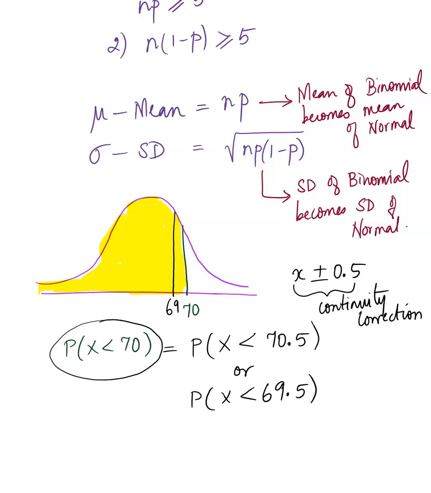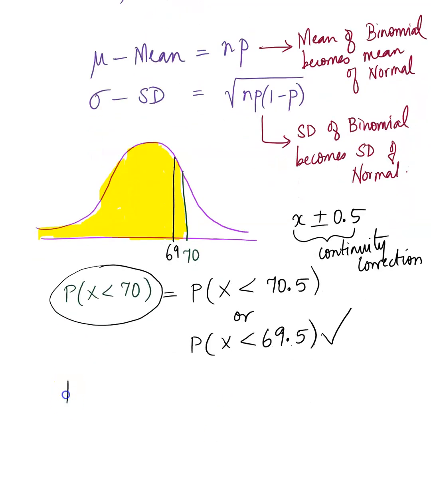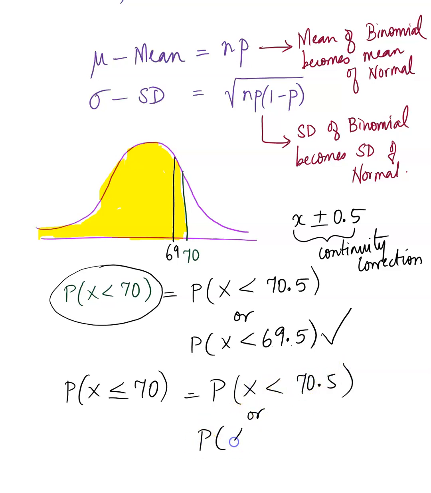So you know that the normal distribution will take the 70 into consideration. So what we have to do is go with x less than 69.5 so that 70 is not included. If I wanted probability of x less than or equal to 70, then which one should I use? 70.5 or 69.5?